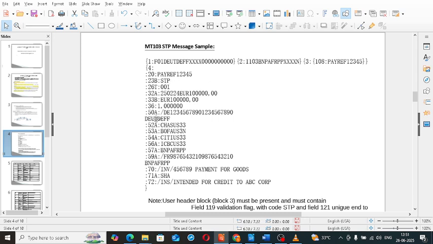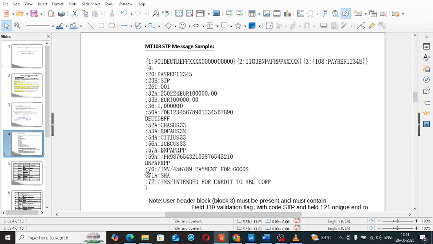After that, you look at fields 52, 53, 54, 57, 59; all of them should come in A format only, because MT103 STP accepts only that A format. The remaining formats won't be accepted. After that, if you go and see field 72, the remitter info, they also mention the structured format, and charges are also mandatory for MT103 STP.